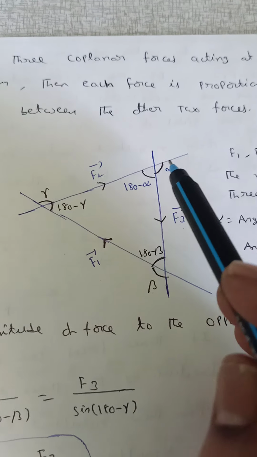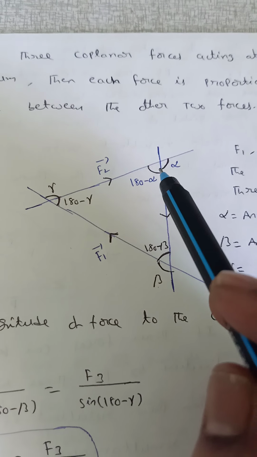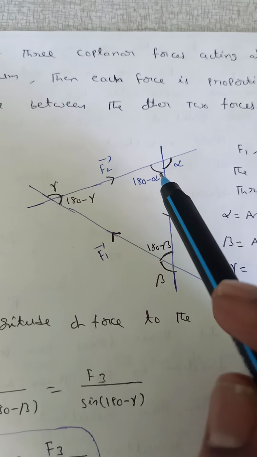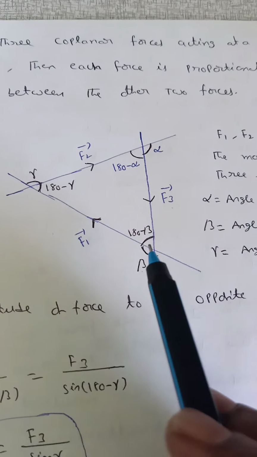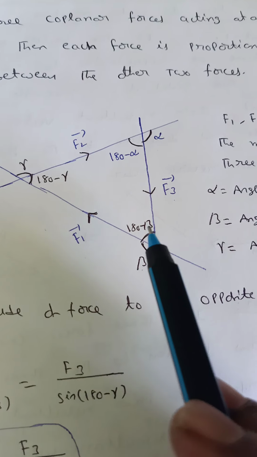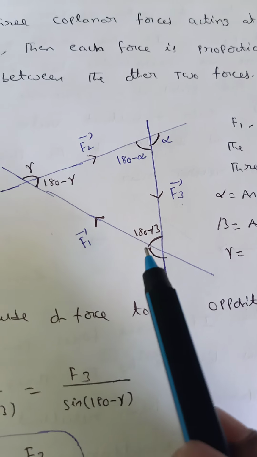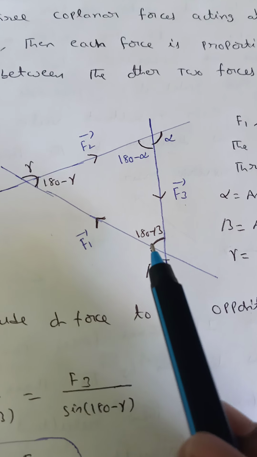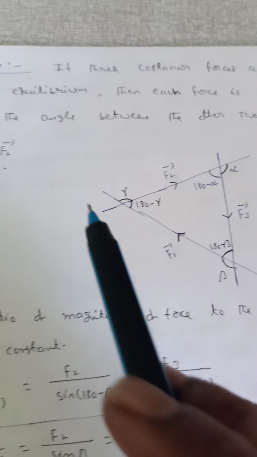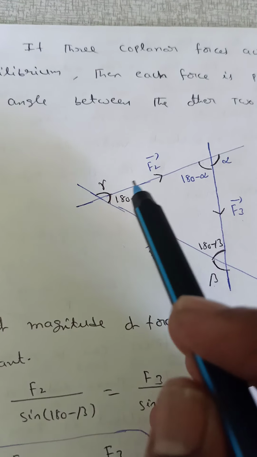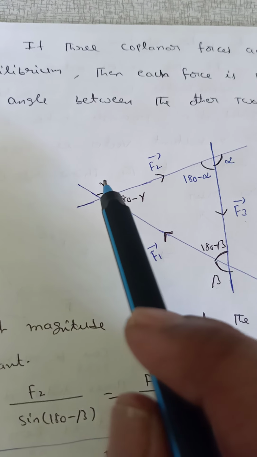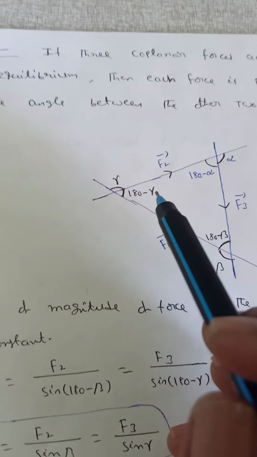The total angle on a straight line is 180 degrees, so the exterior angle alpha means the interior angle is 180 minus alpha. Similarly, the exterior angle beta gives interior angle 180 minus beta, and exterior angle gamma gives interior angle 180 minus gamma.